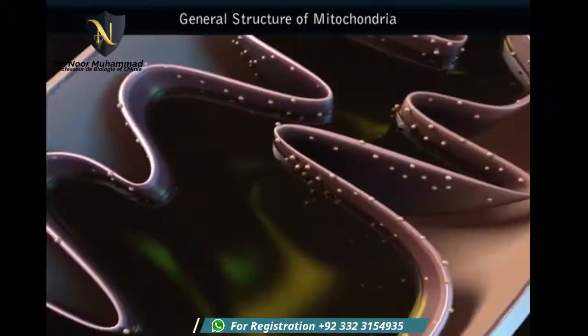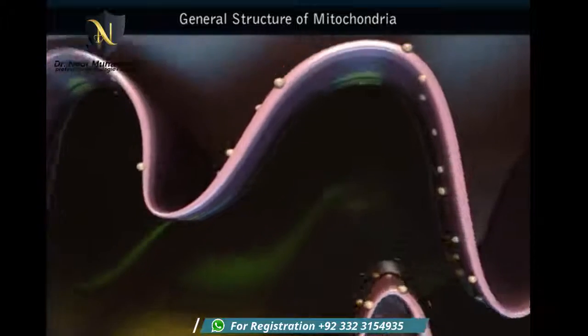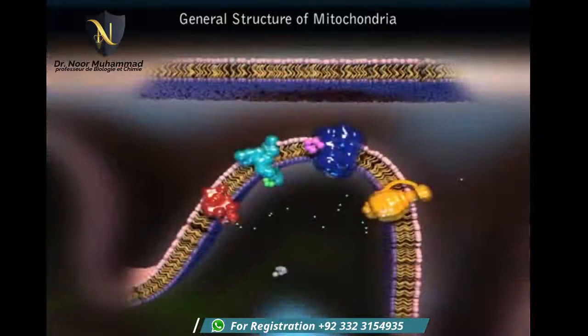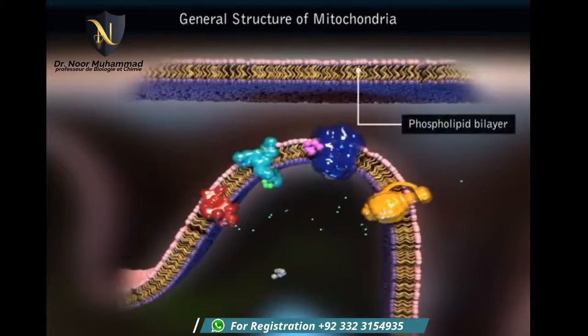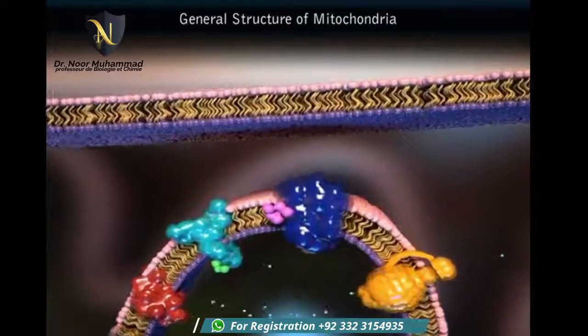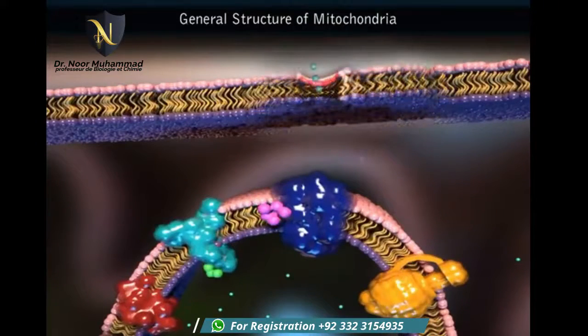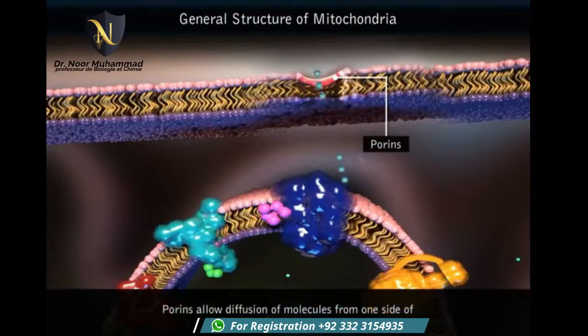Mitochondria are made up of an outer and an inner membrane. The membrane is composed of phospholipid bilayer and proteins. The outer membrane contains large number of proteins called porins, which allow diffusion of molecules from one side of the membrane to the other.